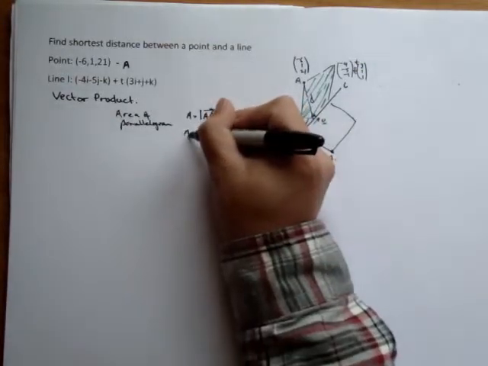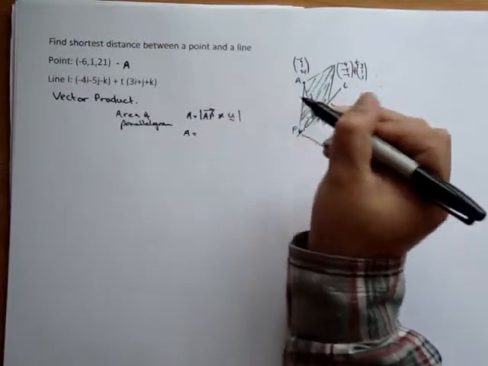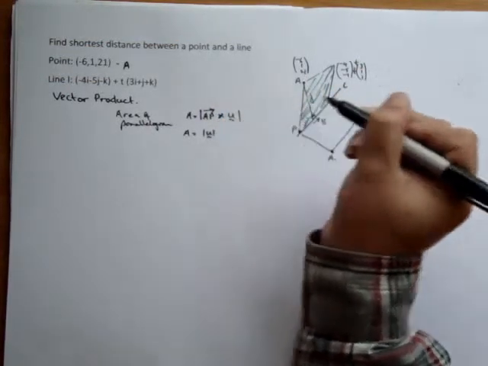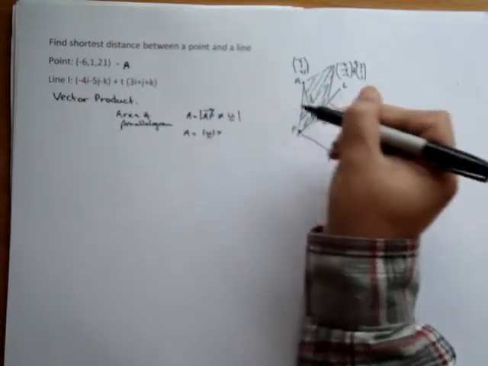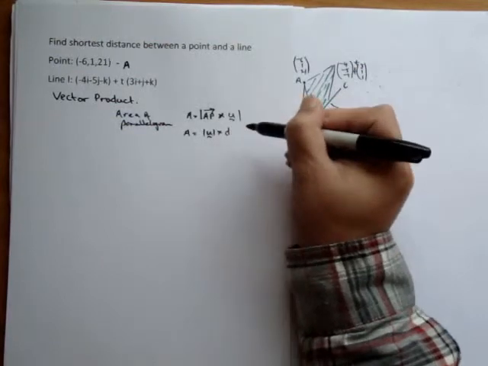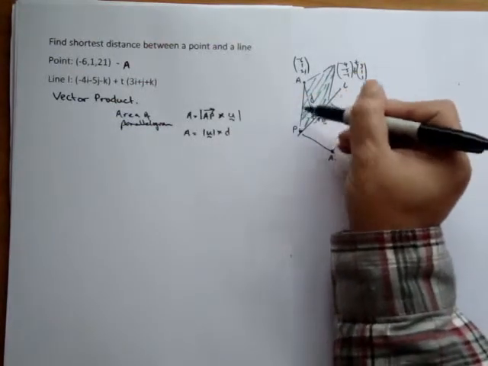Also, A equals the magnitude of u, which is one side of the parallelogram, multiplied by D, which is the height of the parallelogram.